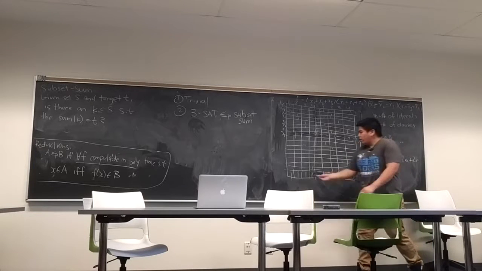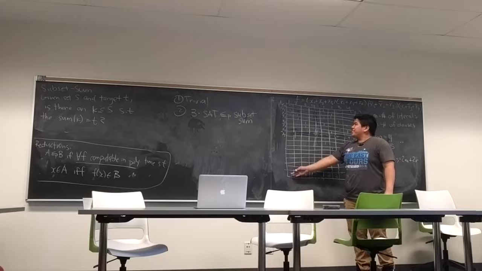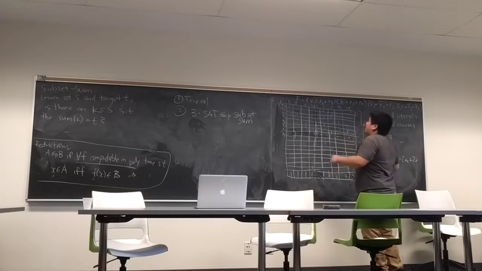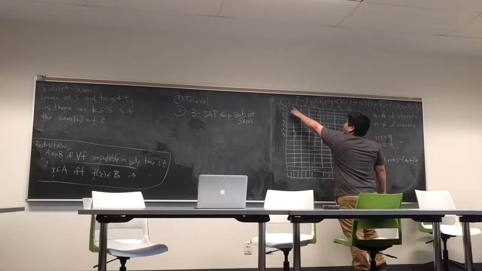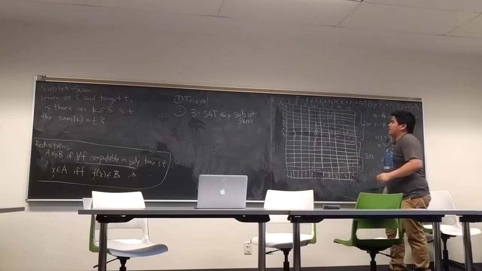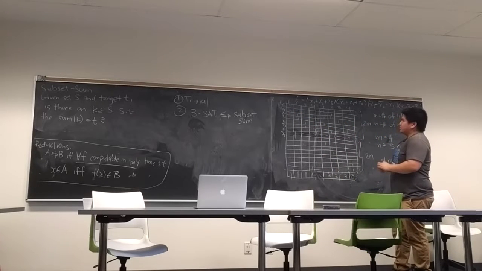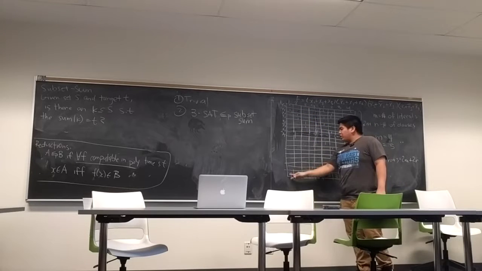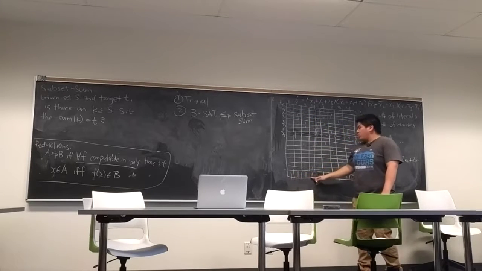Well, we want a 1 in this column because it can't be true that you have both an x1 and an x1 not. You can't have x1 and x1 not both be true. So that's why we're constraining these columns to 1.